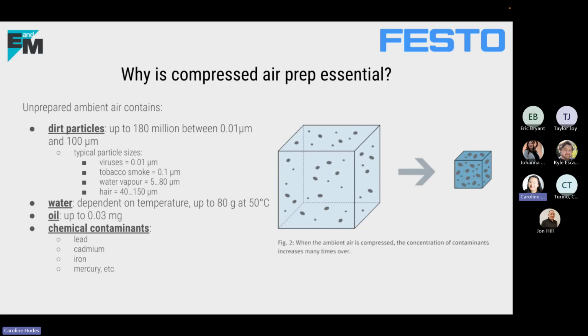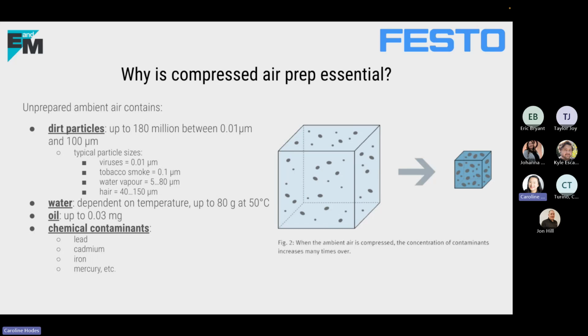So why is compressed air prep so essential? If we were to use unprepared ambient air, there are quite a few contaminants that would affect a pneumatic system.